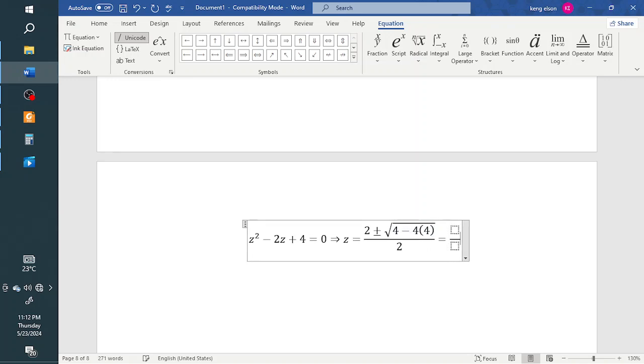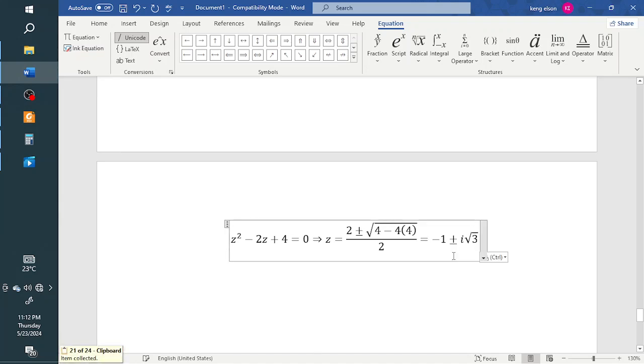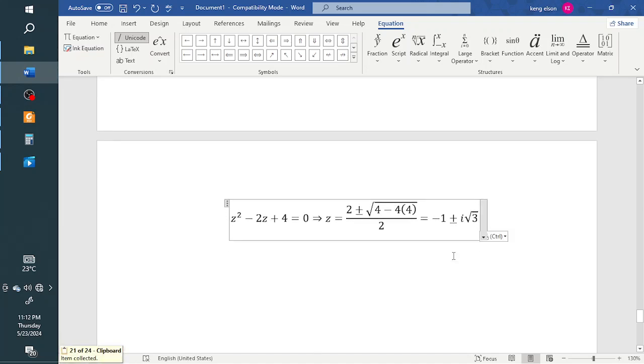So we get 2 plus or minus the square root of negative 12, so we have 12i. And root 12 is the same as 2 root 3. The 2's can cancel, and we get 1 in the denominator. So this is what we have: 1 plus or minus i root 3.